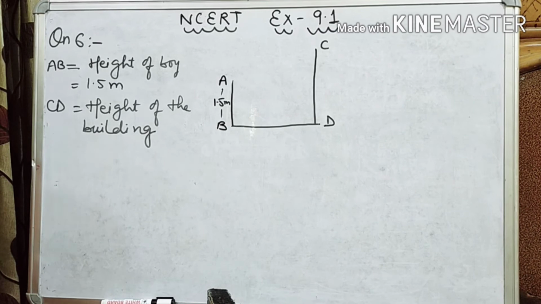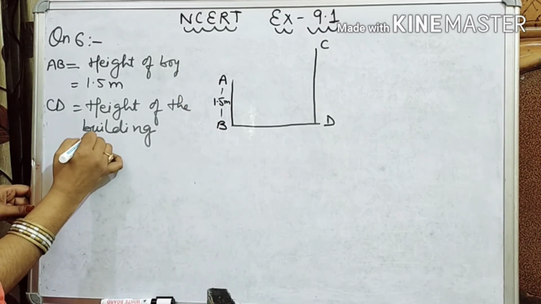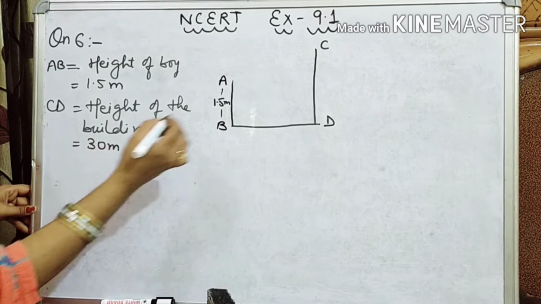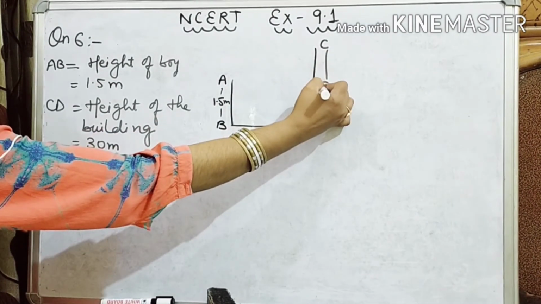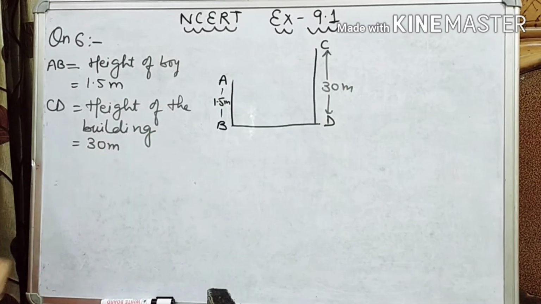And what other things are given? The height of the building is 30 meter. Now it is saying that the angle of elevation from his eyes.